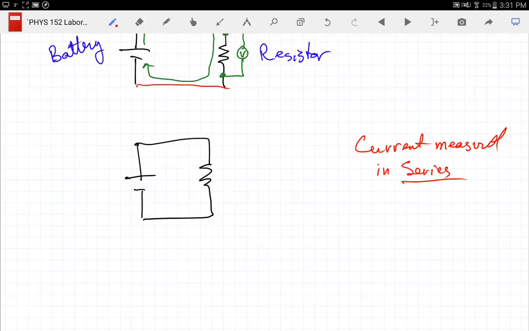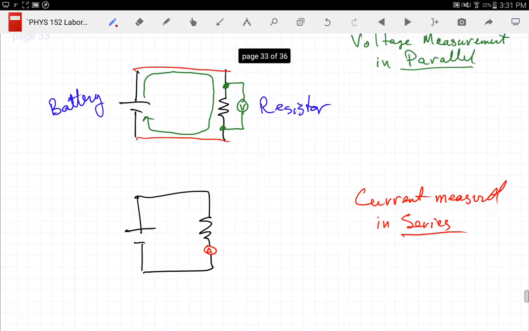Because we need to measure how much is going through. So to measure the current, I need to break my circuit and then put my current meter in series with the item I'm measuring the current through. So here I've shown how we measure the voltage and how we measure the current.